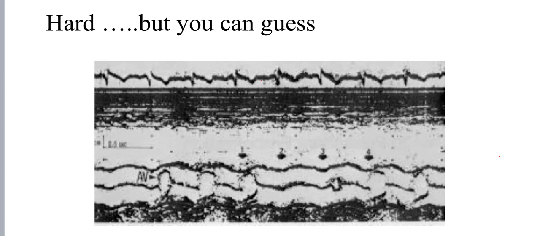During inspiration, I have low flow across the LVOT, and that flow can be so low that it is not strong enough to open the valve. So this is an extreme form of tamponade.